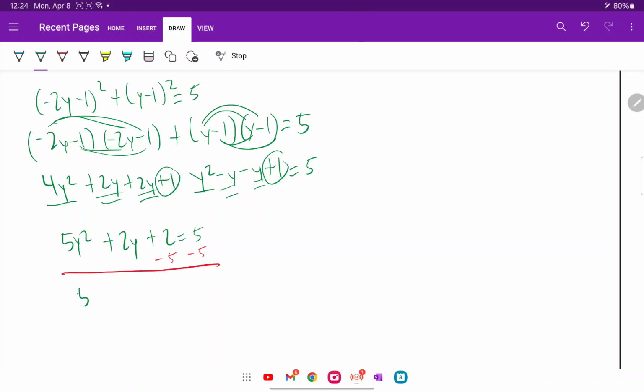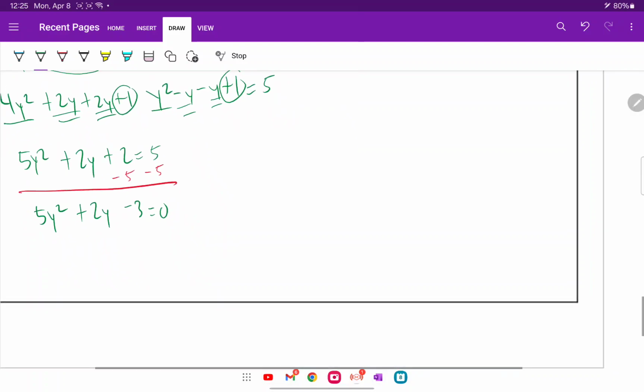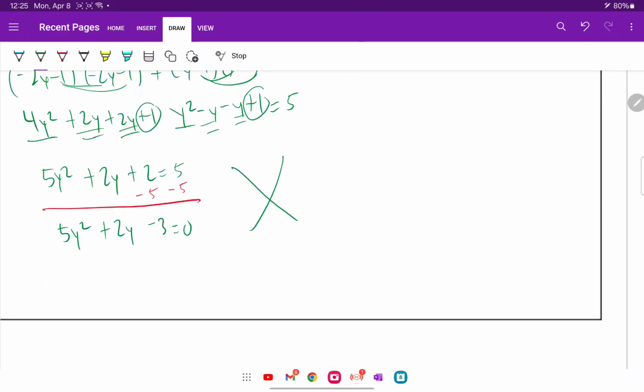So we come up with 5y squared plus 2y minus 3 is equal to 0. So let's go and do the x method here. So a times c is negative 15, dividing by 5y. All right, here our two numbers are going to be 5 and negative 3, which add to 2 but also multiply to negative 15.